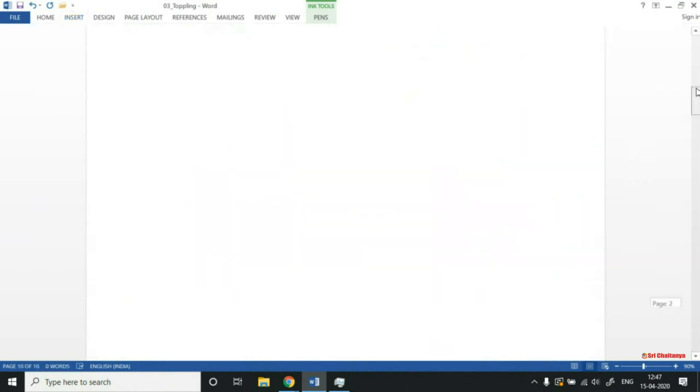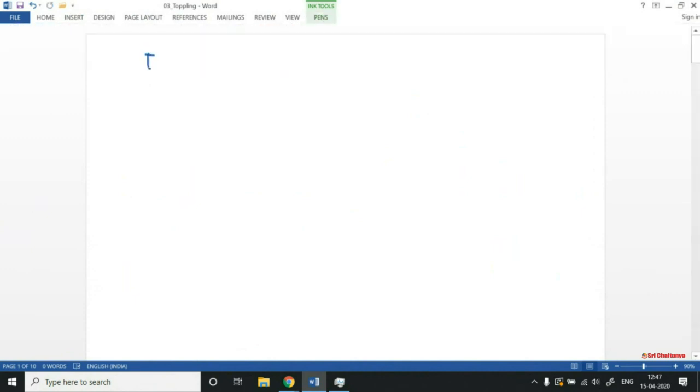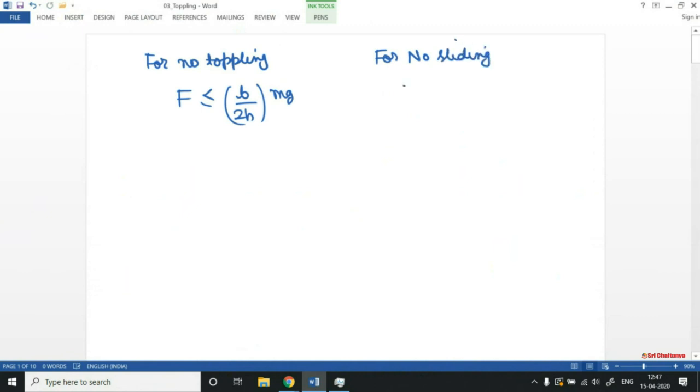So the condition, let me write over here, the condition for no toppling we got F less than or equal to b by 2h times mg, and for no slipping or no sliding, it was F less than mu mg.